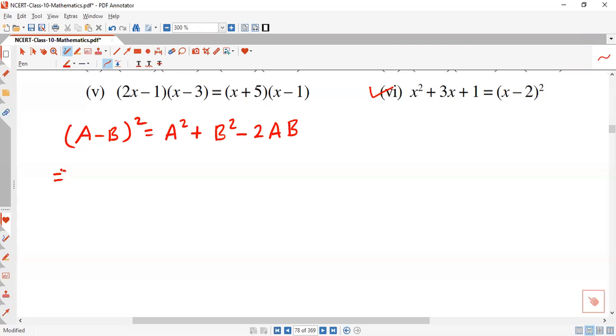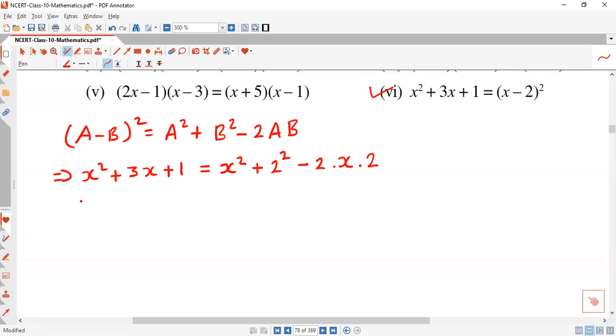So what does the equation come out to? x square plus 3x plus 1. And this part, x minus 2 whole square. Let's say a square is x square, minus 2, the minus sign is there, we say plus sign, and this 2 square means comes out 4, 2 square minus 2 into a is x and b is here 2.